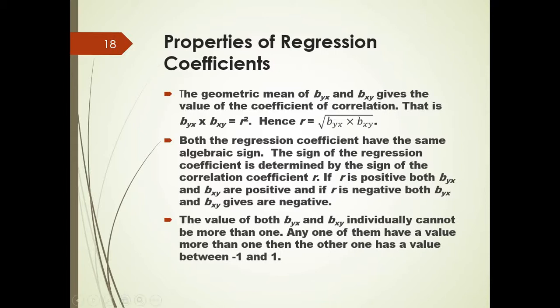If byx and bxy are both negative, then r is negative, and if both are positive, then r is positive. Remember that byx and bxy are always of the same sign. They may not have different signs. So the sign of r depends on byx and bxy.